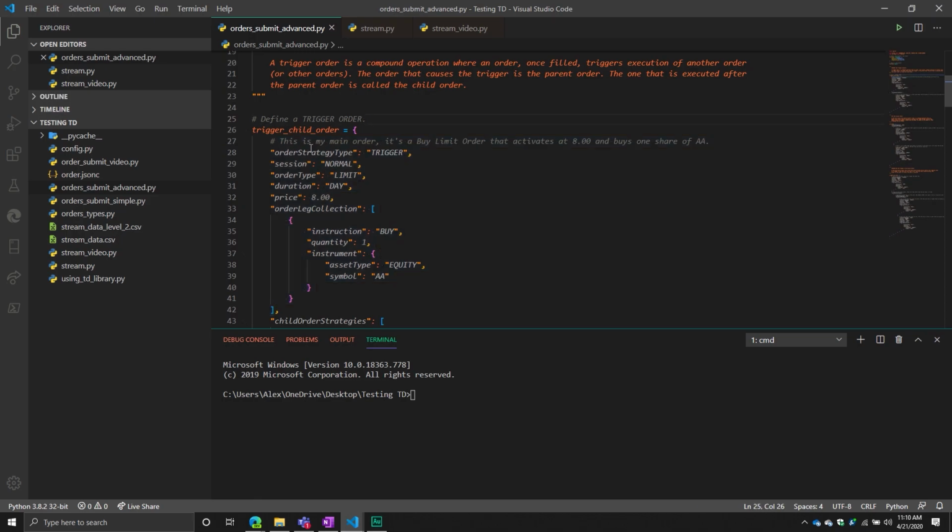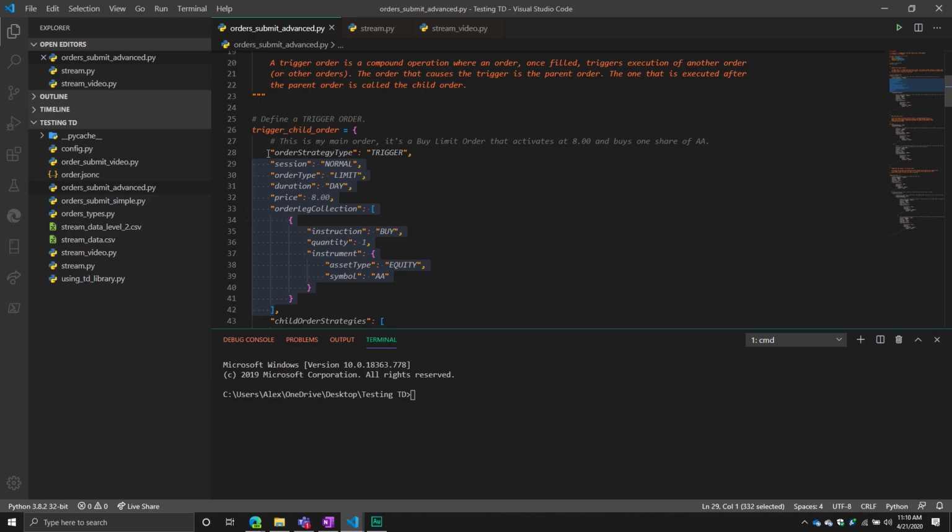So you can see right here that order strategy type has now been changed to trigger. What this means is I am saying I'm doing an advanced order where I want the functionality of a trigger component. So it means that when this main parent order executes, I'm expecting something else to happen after it. Once you kind of take this out of the equation, when you're really looking at this one, it's just a normal limit order.